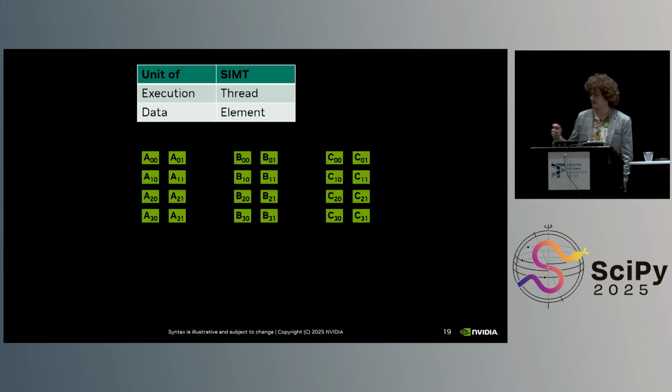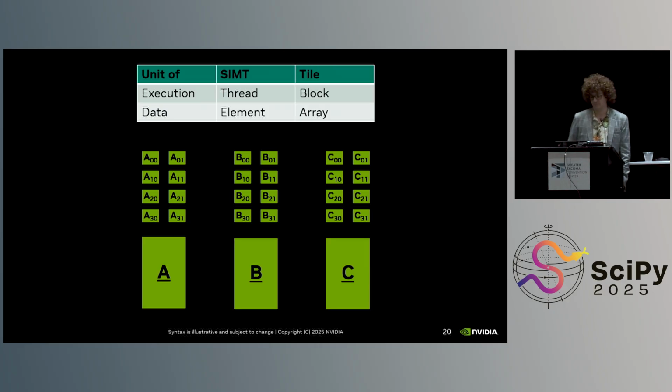You write scalar operations on elements that each thread performs. If you want each thread to apply an operation to multiple elements, then you'd write a for loop. There are no native array operations in CUDA SIMT. On the other hand, in cuTile, everything is an array. You express block-wide operations on entire arrays.